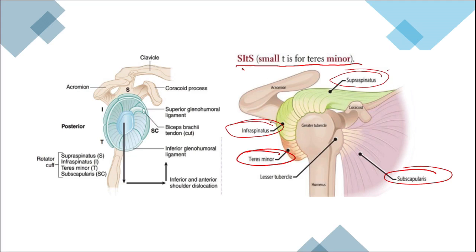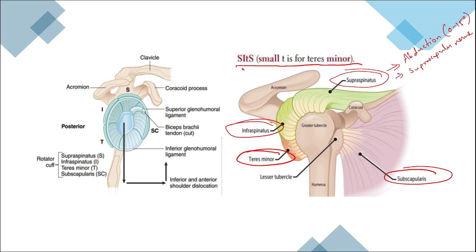This Supraspinatus helps to initiate abduction, that is the first 0 to 15 degrees of abduction. It's mainly innervated by the suprascapular nerve. Okay, this is the supraspinatus.